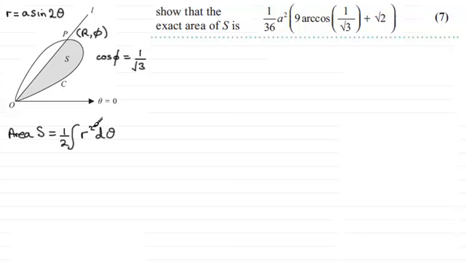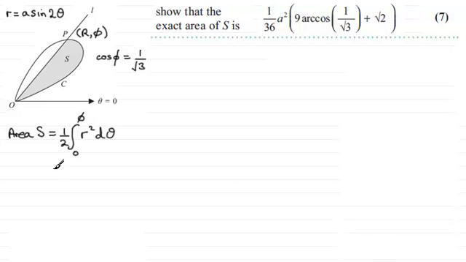And for this example, we're integrating from the initial line here where theta equals 0 all the way round to this point here where theta equals phi. So we're going from 0 for theta to the angle phi.